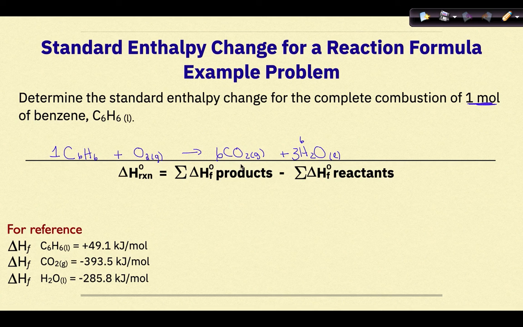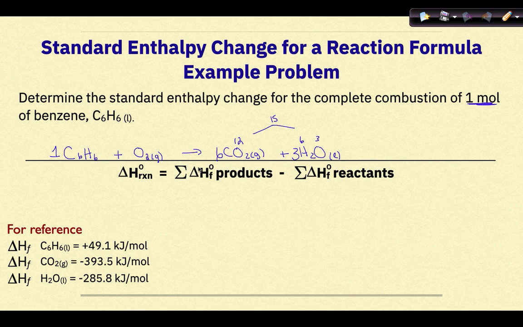Now all I need to do is balance the oxygens. So 6 times 2 gives me 12 oxygens out of my carbon dioxide. 3, oh, there's a subscripted 1 there. That's 3 oxygens here. That'll give me 15 oxygens altogether. Now, I could go back if I wanted to say, oh, I can't have any fractions in my balanced chemical reaction and double everything.